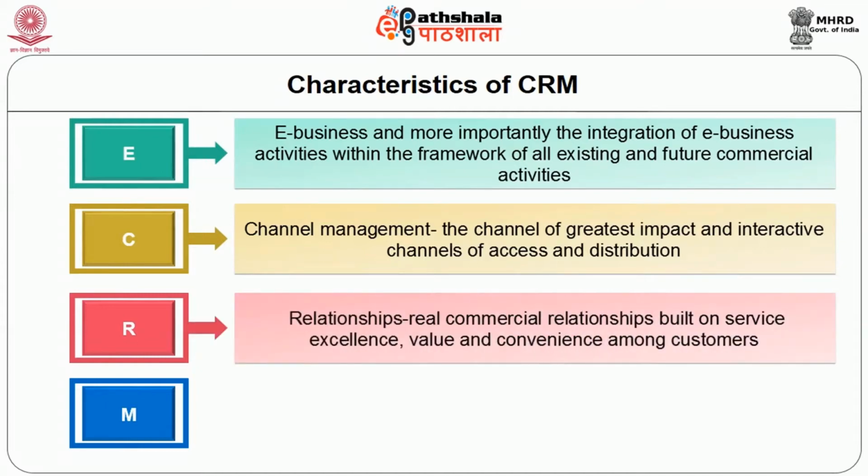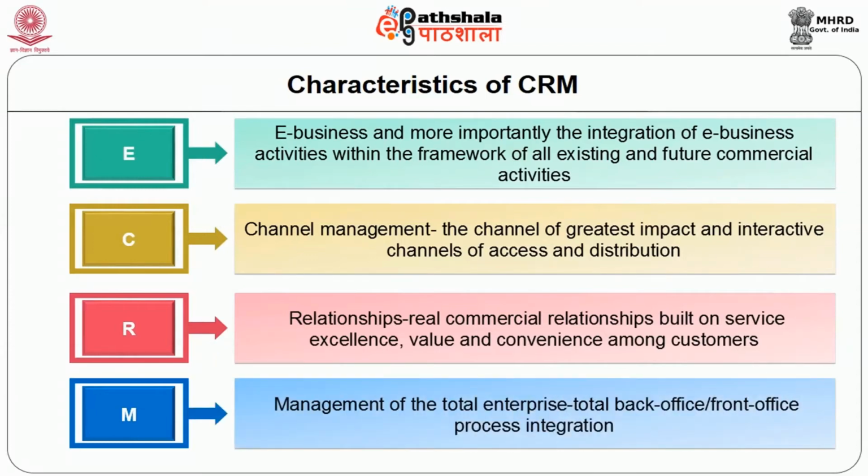R refers to relationships, real commercial relationships built on service excellence, value and convenience among the customers. M refers to management of the total enterprise, total back office as well as front office process integration.